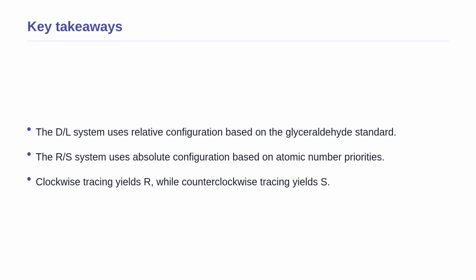Second, we explored the R and S system, which provides an absolute configuration using Cahn-Ingold-Prelog priority rules based on atomic numbers. Finally, we saw that after pointing the lowest priority group away, a clockwise path means R and a counterclockwise path means S. You now have the tools to confidently determine the three-dimensional configuration of chiral molecules.